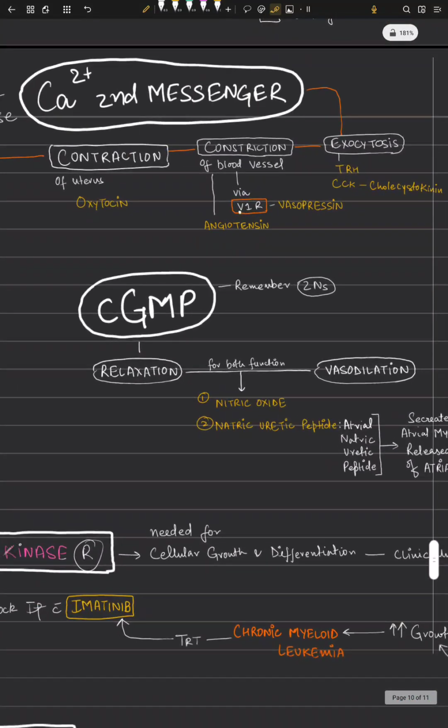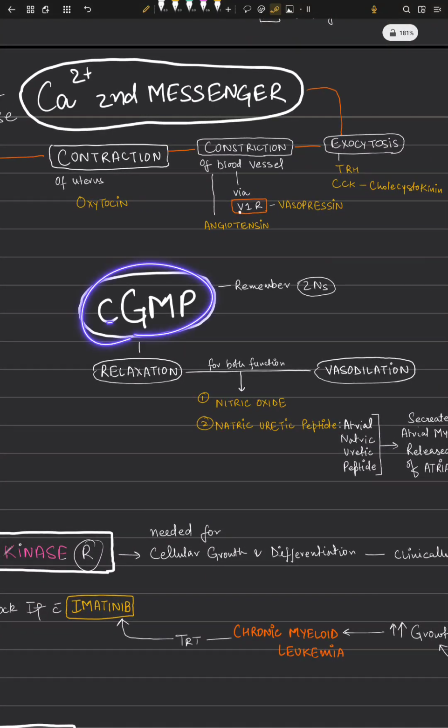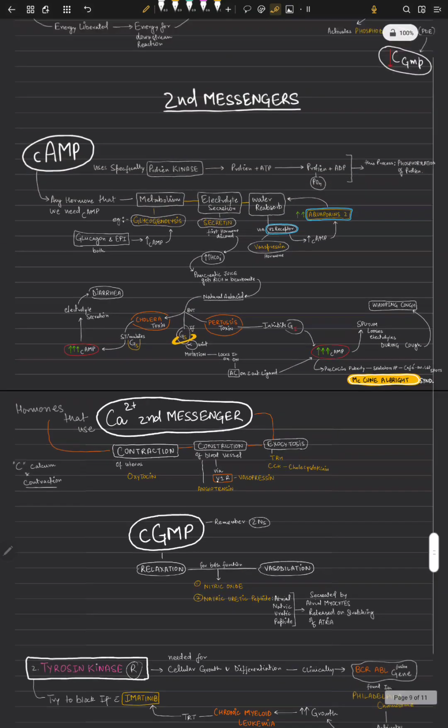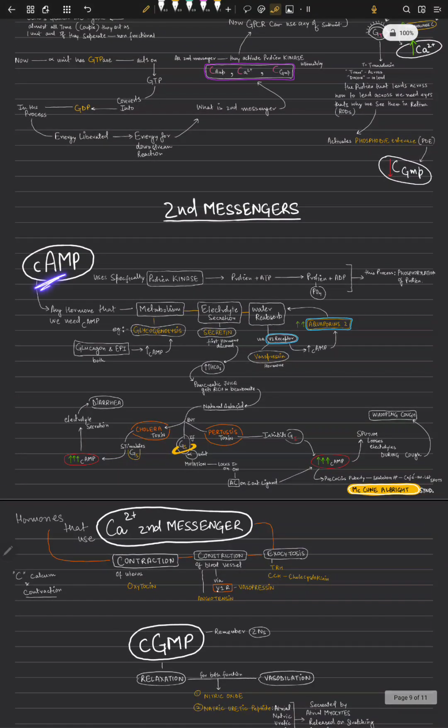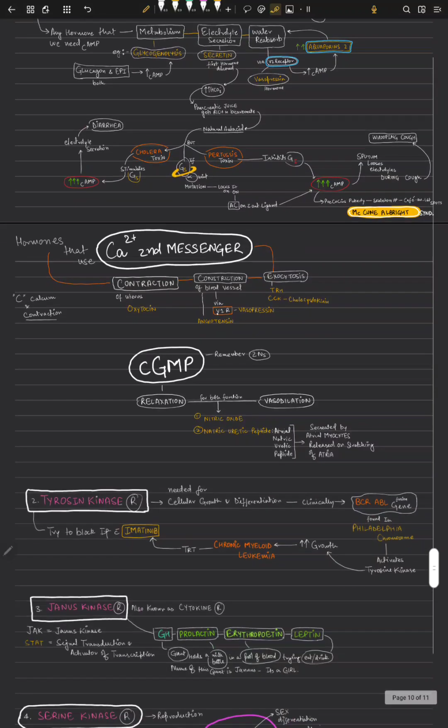Cool. Let's study cyclic GMP. Remember the two Ns. I will tell you why. Relax and vasodilation: cyclic GMP. Cyclic AMP is for metabolism, for electrolyte, and for water reabsorption.